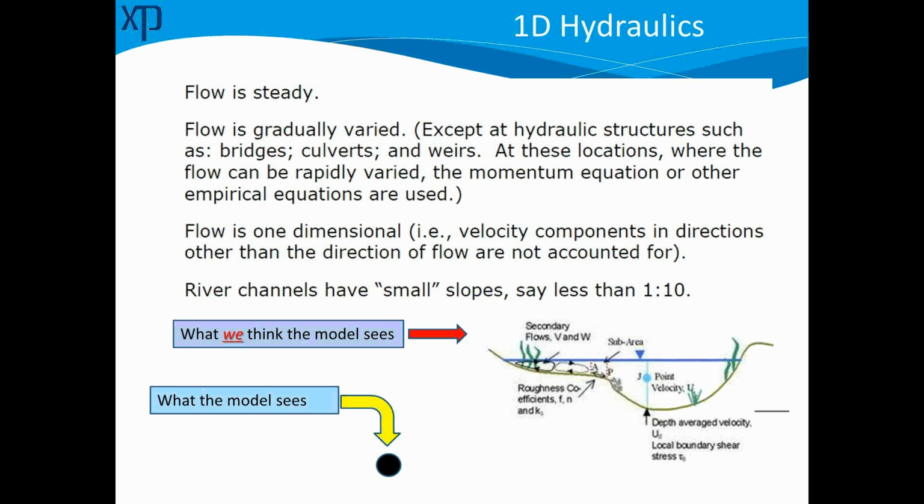We may have gotten more elaborate, as the bottom of the slide points out, in the things that we imagine the model sees, but realistically it doesn't. It just crunches that down to a rating curve with an n value and calculates based on that.